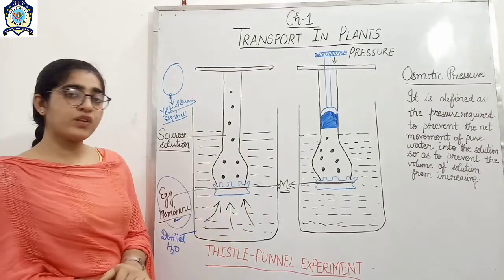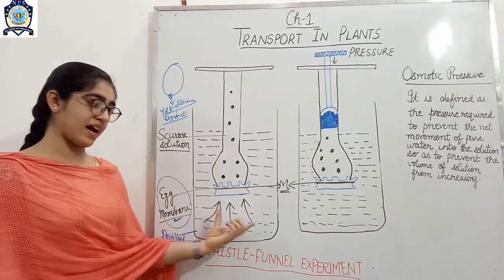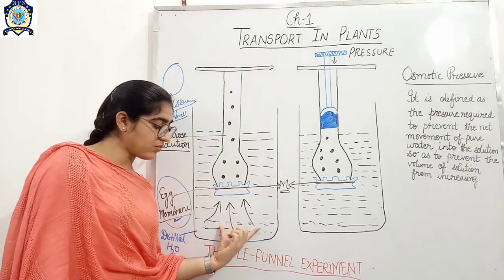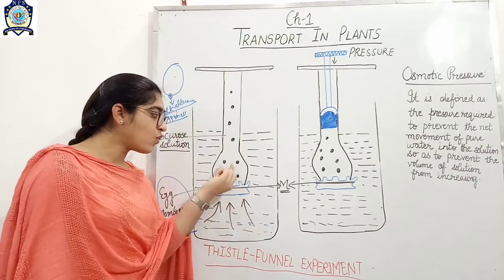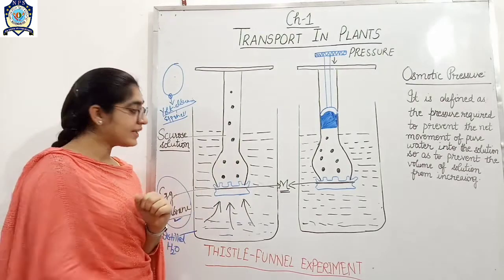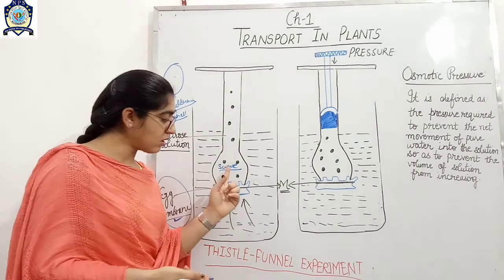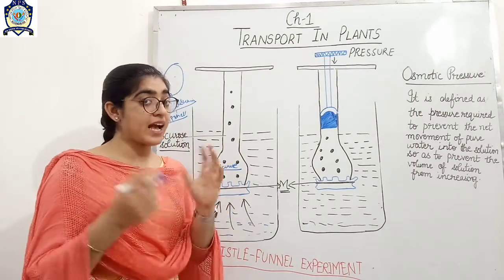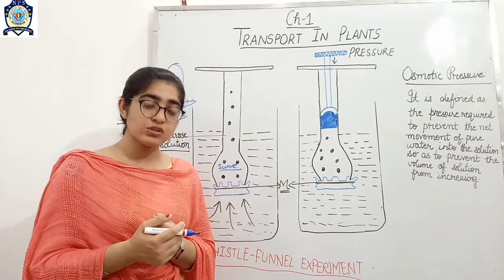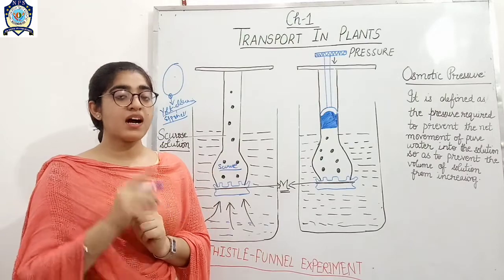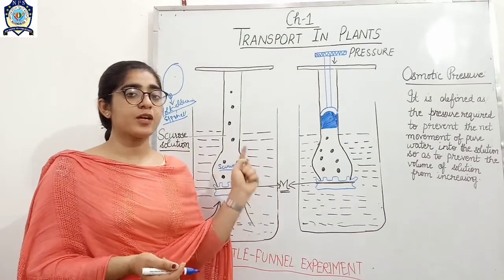Now what you will observe is that as the water molecule concentration is higher outside, the water molecules are present in high concentration, while in the Thistle funnel there is more sucrose, meaning solute concentration is here. And as we know, in osmosis water molecules move from higher water potential to lower water potential.